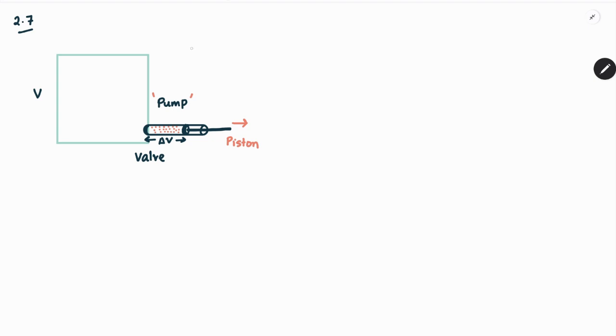Now it is also mentioned over here that this process is isothermal in nature, and hence over here we write for the first stroke. So we need to understand what the problem is exactly saying.